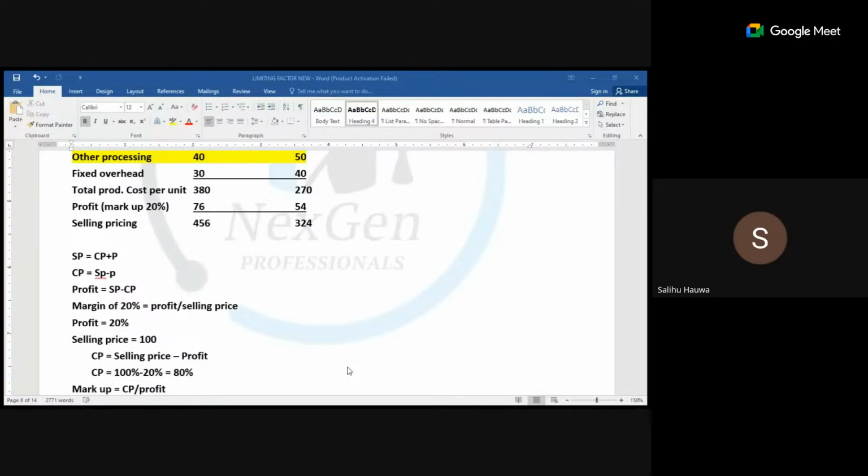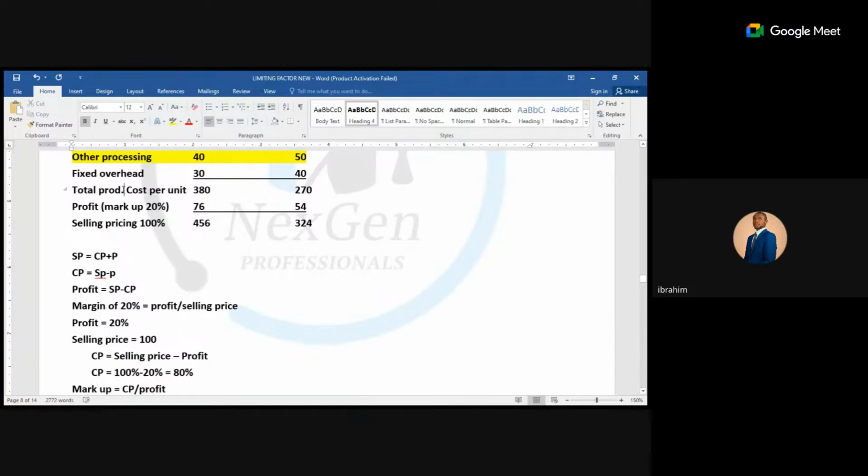Good afternoon. Sir, this formula that you gave us, is it on margin? Is it constant? It's constant. Selling price is always 100%. Now look at it. This is 100%, right? This is your profit.